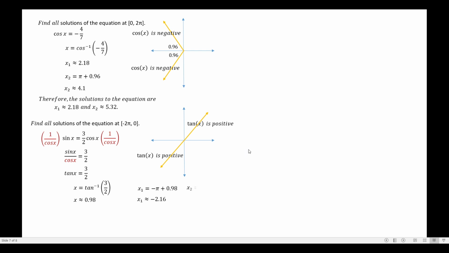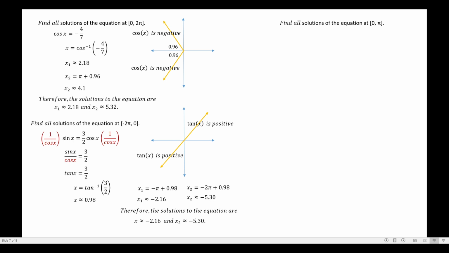Okay, then x sub 2 is negative 2 pi plus 0.98 because this is a full revolution clockwise rotation, so negative 2 pi is here, then I have to go back a bit. I have to go back 0.98, this time positive because I go back counterclockwise. So you have negative 2 pi plus 0.98, or that is approximately negative 5.30. Then therefore the solutions to the equation are x approximately negative 2.16 and x approximately negative 5.30.